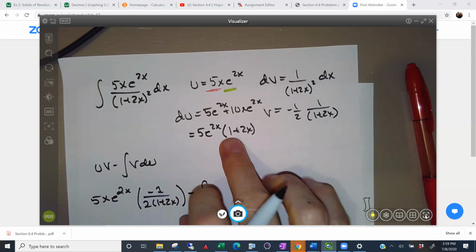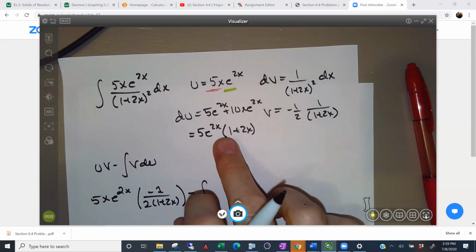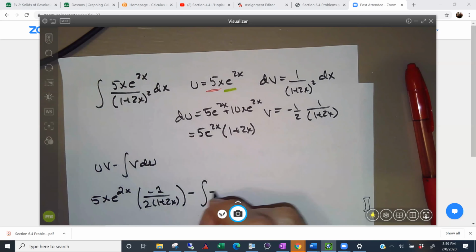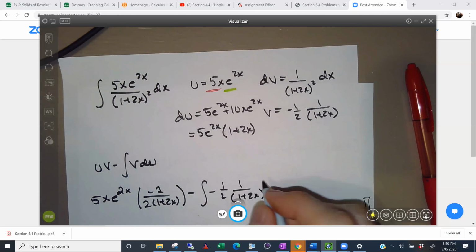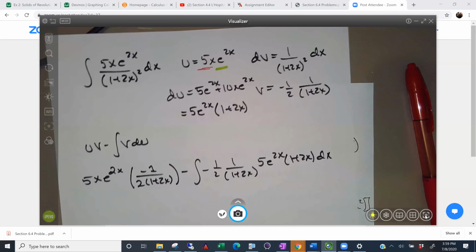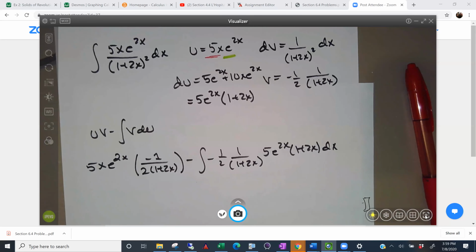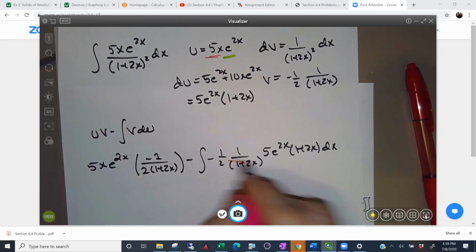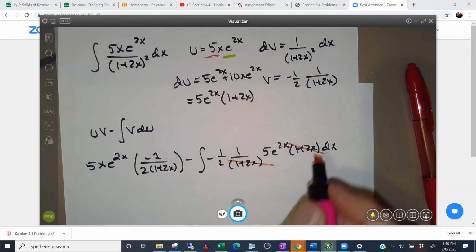And here's where it's really nice that you took the time to clean up the du term just a little bit. So it's going to be minus 1/2 of 1 over 1 plus 2x times 5e to the 2x times 1 plus 2x dx. Here's that good news. Those two cancel.